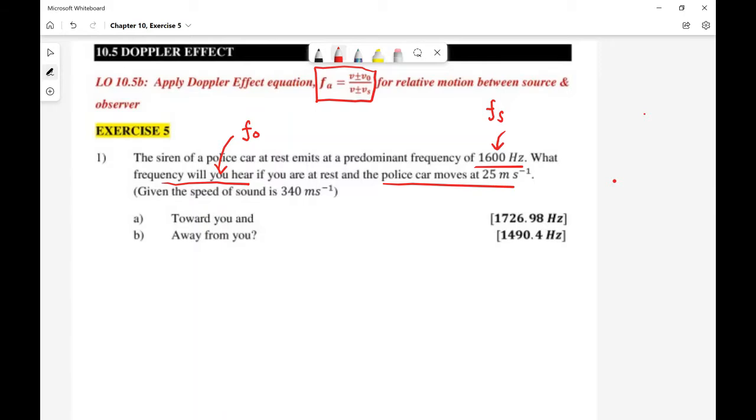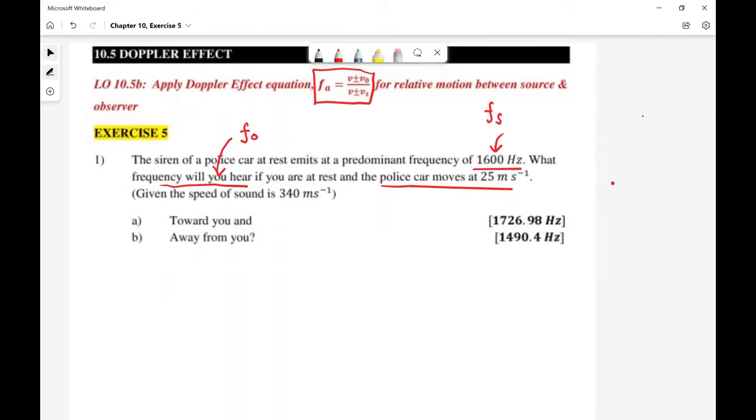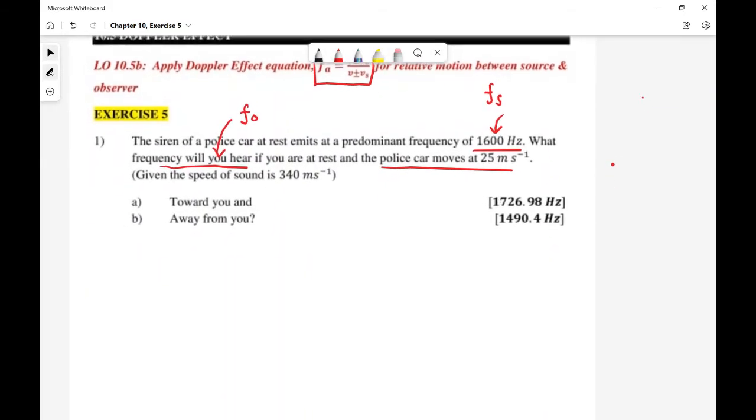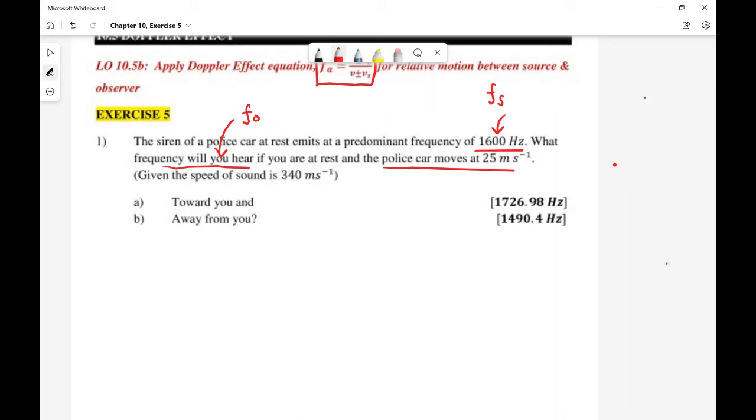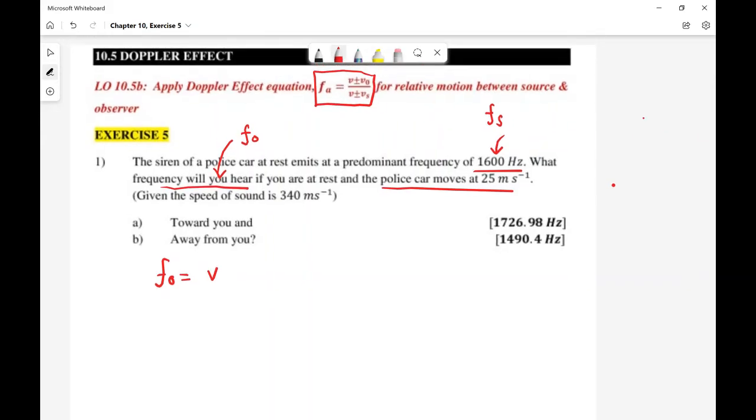Dalam equation Doppler effect ni, kalau kamu tengok dalam video kuliah, FO equals V plus minus VO over V minus plus VS times Fs. Dia ada dua sign kat situ.